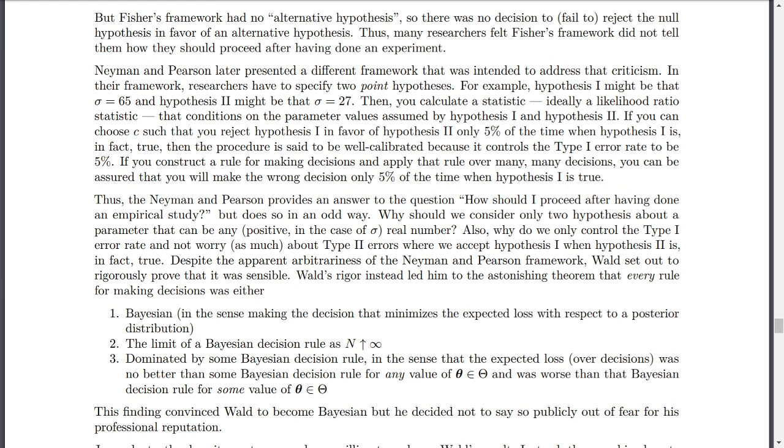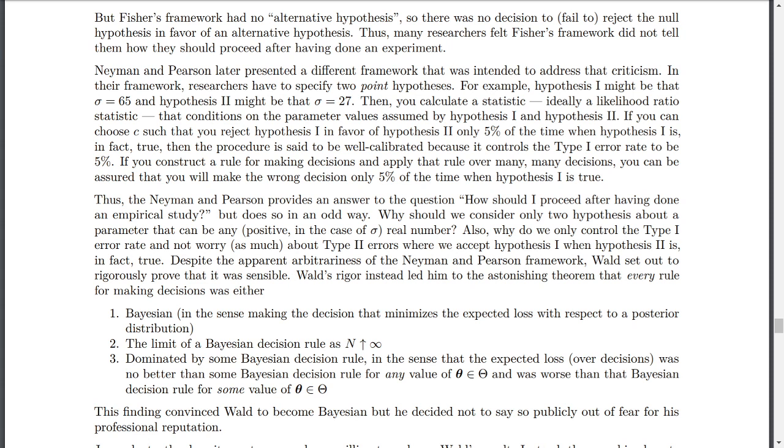Hypothesis 2 might be that sigma is equal to 27. So there's only 2 possibilities. And then you calculate some statistic, the likelihood ratio has the most power, that conditions on the parameter values assumed by hypothesis 1 and hypothesis 2. So hypothesis 1, that log likelihood or likelihood goes in the numerator, and hypothesis 2, the likelihood implied by that goes in the denominator.